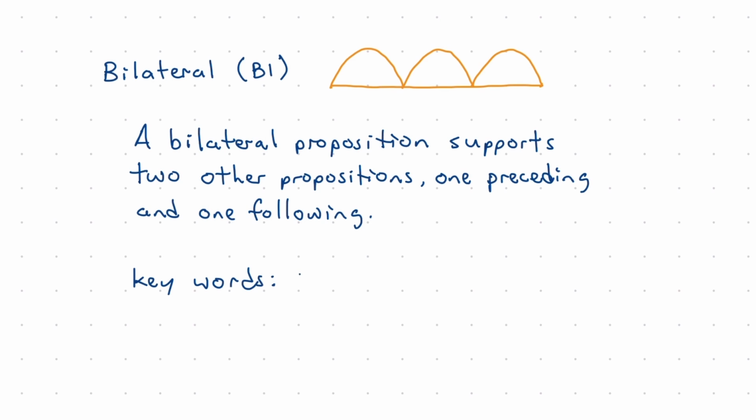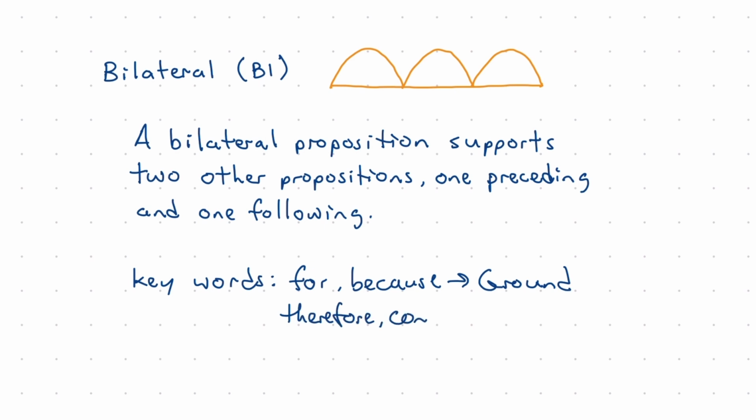So sometimes you're going to see words like for or because that point you to a relationship normally of ground. And sometimes you're going to see words like therefore or consequently that usually point you to the relationship of inference. So you're going to see those working because they're both happening at the same time.